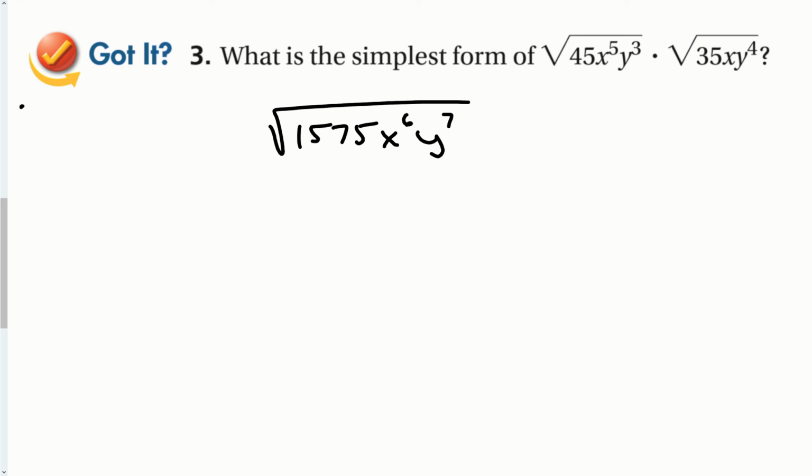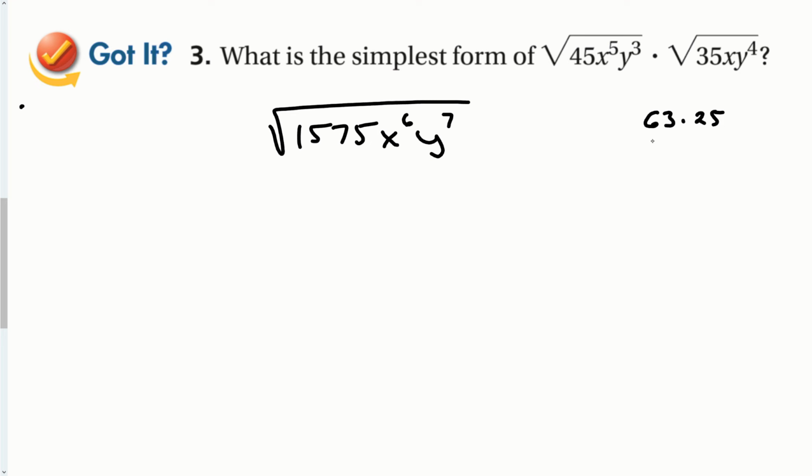The square root of 1575, what can that possibly break into? Well, I'm not really sure. I could do it on a calculator, but I definitely see that it ends with a 75, so I could always divide out a 25, and that gives me 63 times 25.